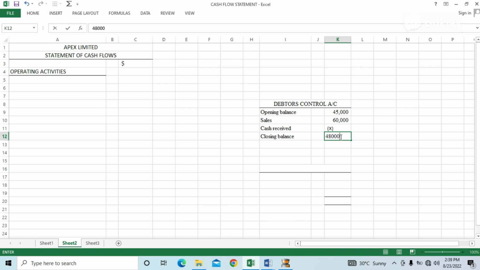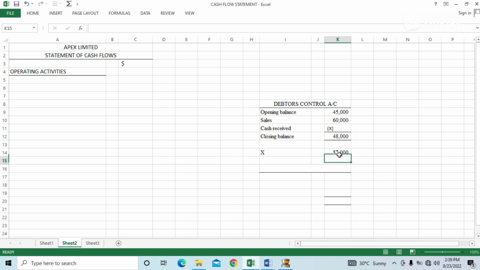So 48,000 is the closing balance. So now, what is the unknown figure? So if you do it algebraically, it will be 45,000 plus 60,000 minus X is equal to 48,000. And by doing so using my calculator, I get 57,000. So it means that during the year we receive 57,000 from our customers.